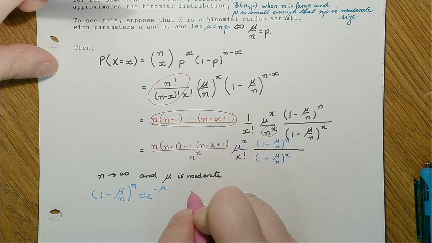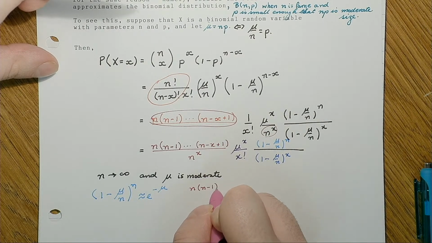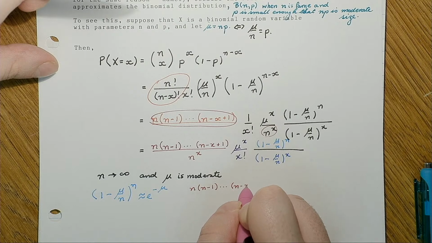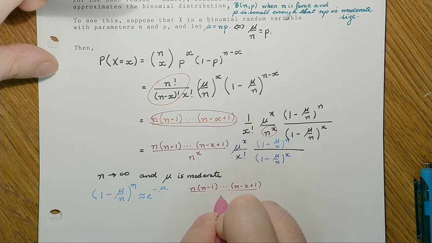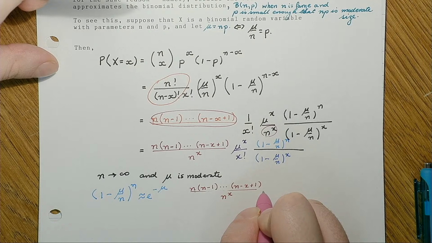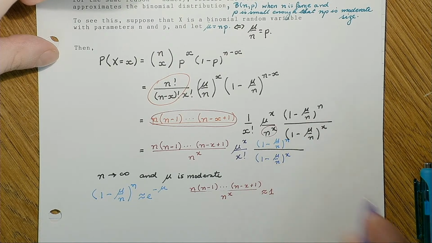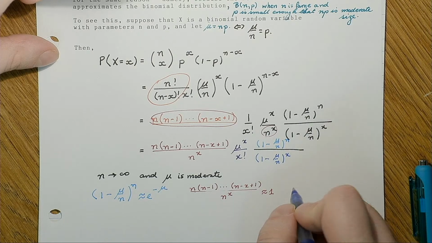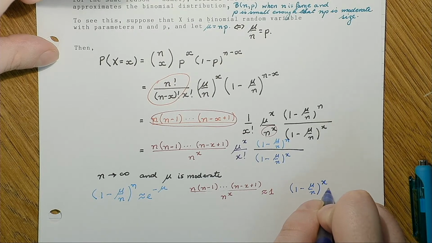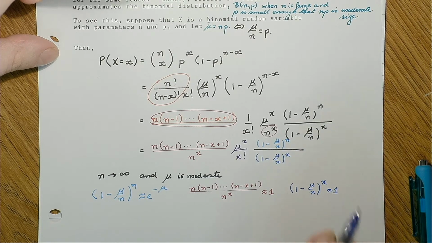This part right here is approximately equal to 1. And lastly, the bottom part right here is approximately 1 as well.